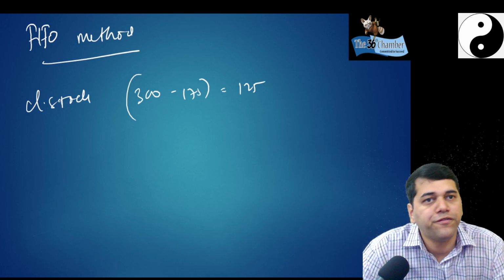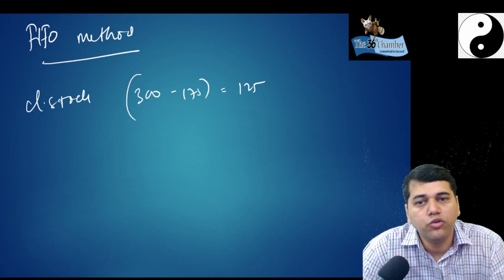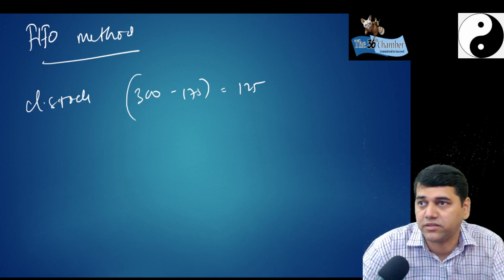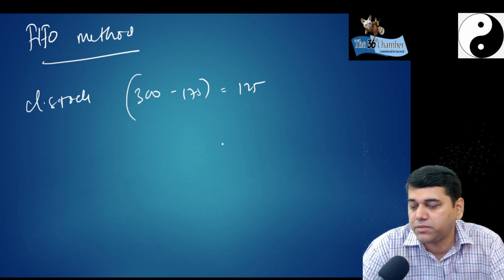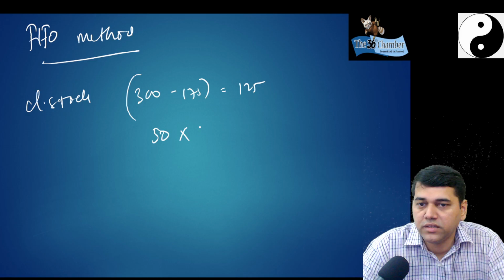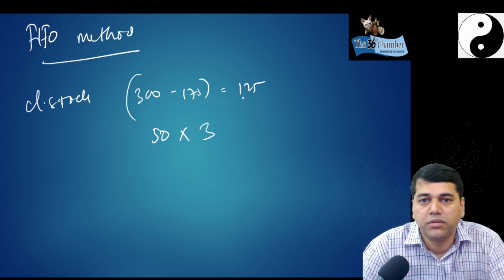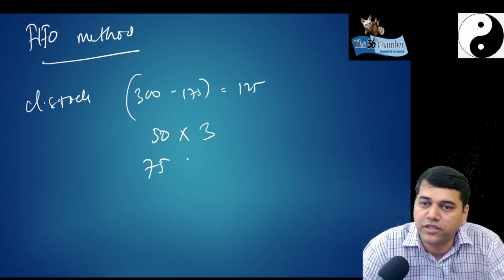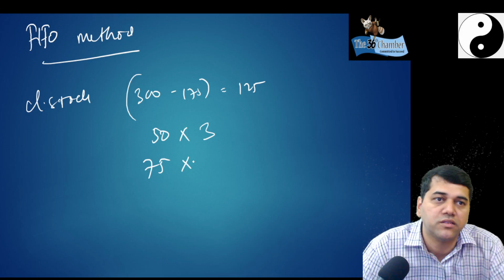So if you follow FIFO method, how do you value this 125? So go for the last purchases. So what was your last purchase? 50 units. At what rate? 3 rupees. But did you get this 125? No. That means the balance 75 units must be from the previous purchases.